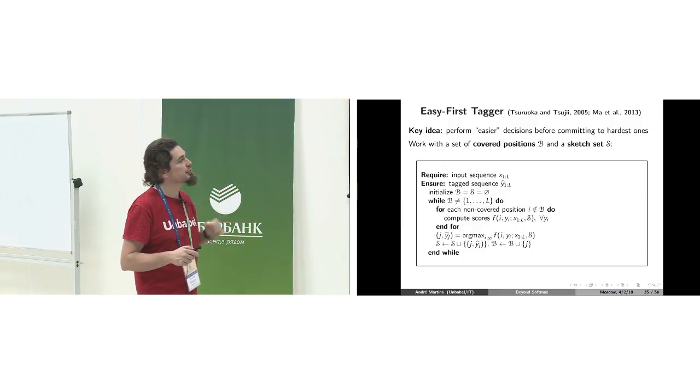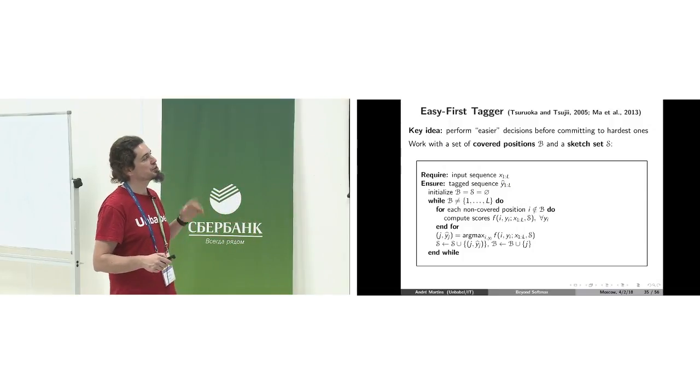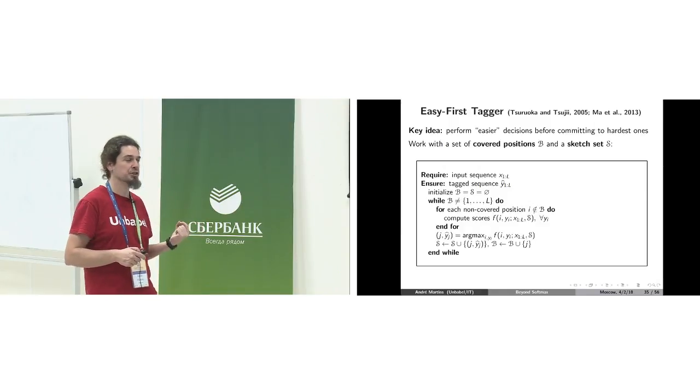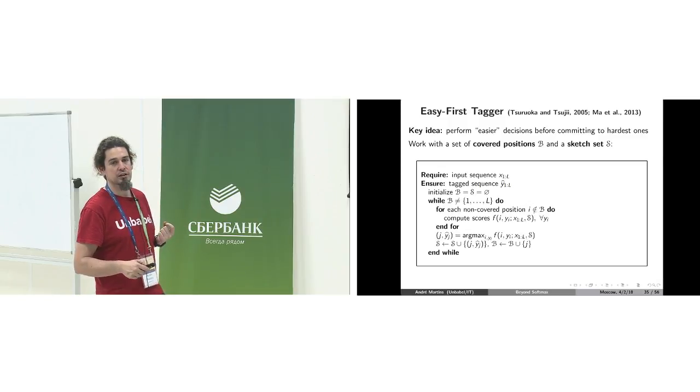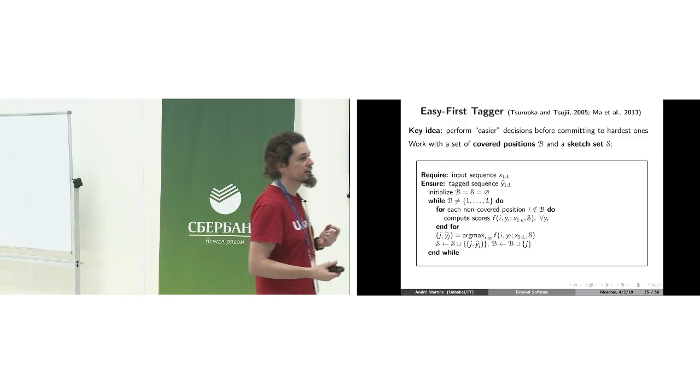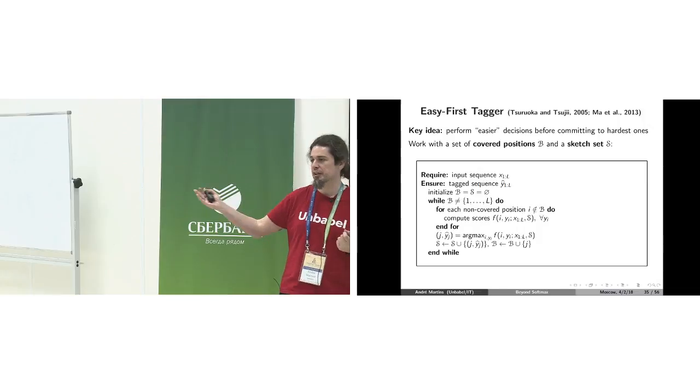And at each step, you go through all positions that are not covered yet. We compute a score for every possible tag at that position, and then we just pick jointly the position and the tag for that position that maximizes the score. It's like in part-of-speech tagging, you have several possible tags for every word.